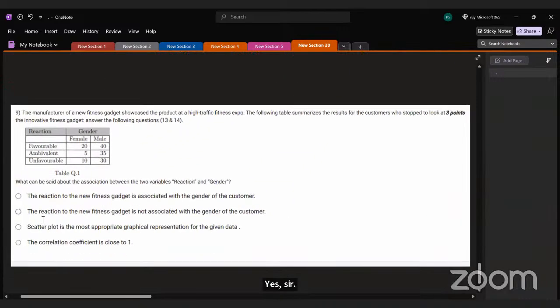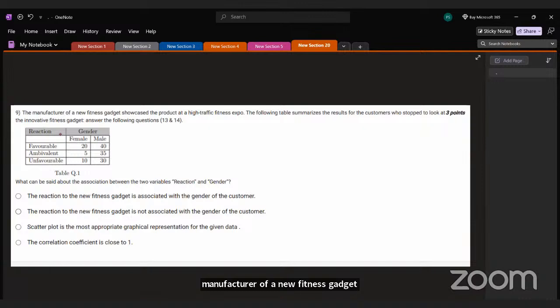In this question we have got a contingency table. A manufacturer of a new fitness gadget showcased the product at a high traffic fitness expo. The following table summarizes the result for the customers who stopped to look at the gadget. Answer the following question. So anybody got the idea what they're asking basically?